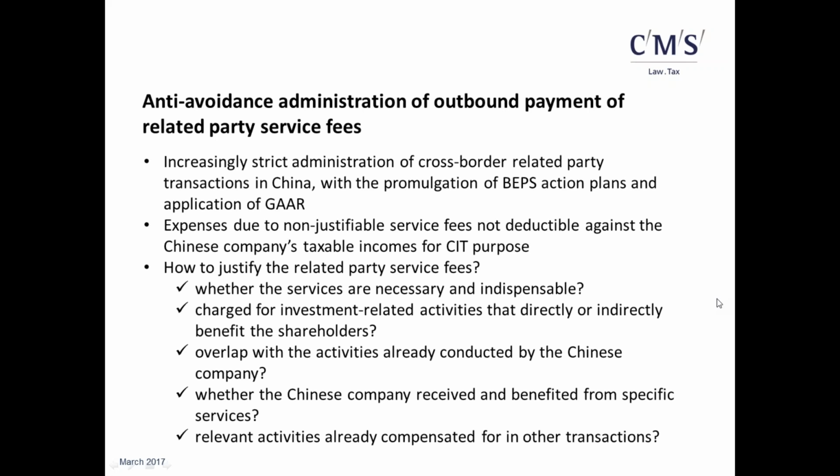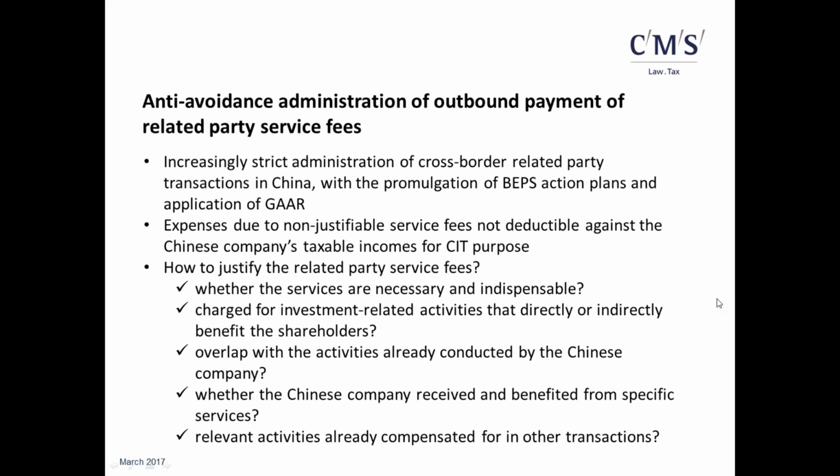For example, if the holding company also sells goods to the PRC subsidiaries, and they have taken the service charges into consideration when pricing the sales price of these goods, and at the same time they still charge service fees to the PRC subsidiaries, then it will become a double charging, right? Under such a circumstance, the PRC tax authorities will also deem the service charge as unreasonable.